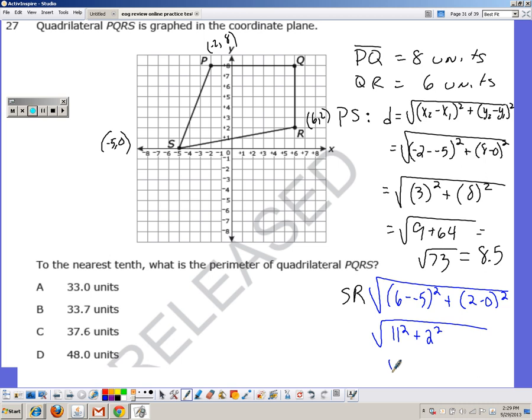So we have to find the square root of 125, which is approximately 11.2. So we're going to add up 8.5 plus 11.2 plus 8 plus 6. And that gives you 33.7, which is big.